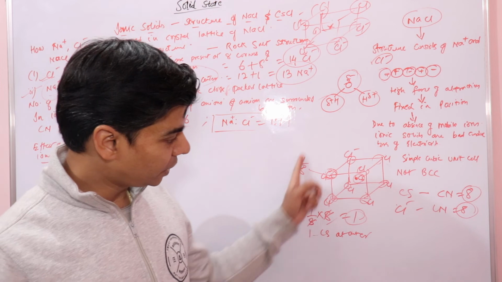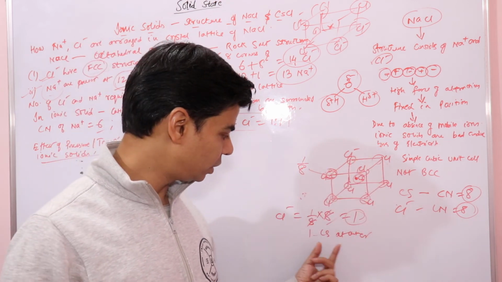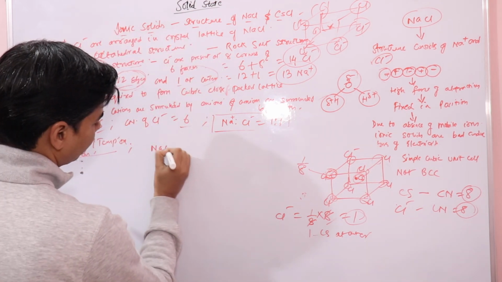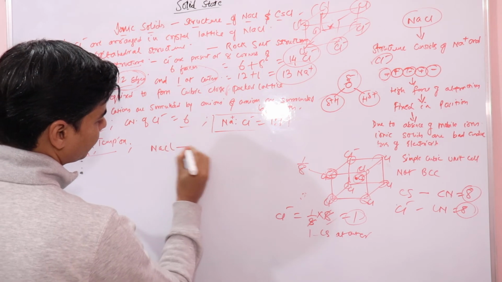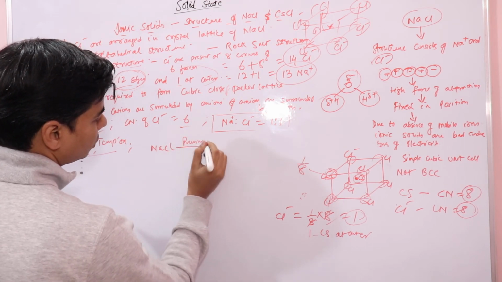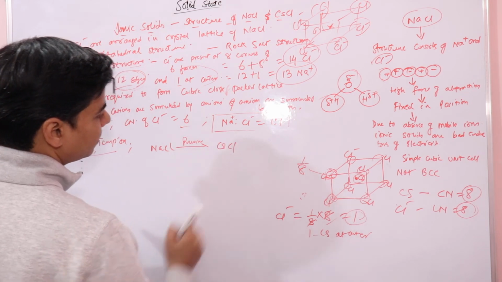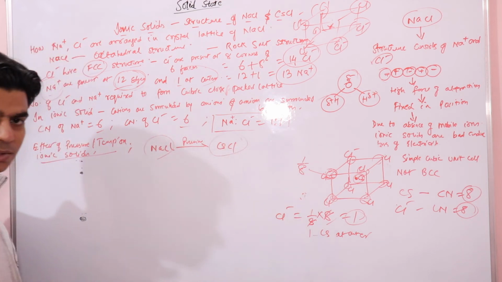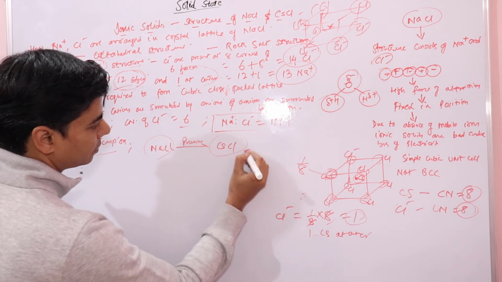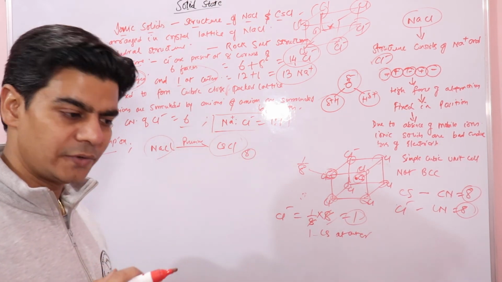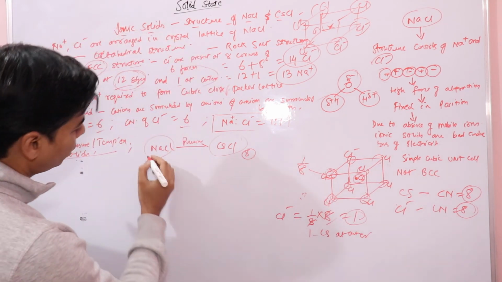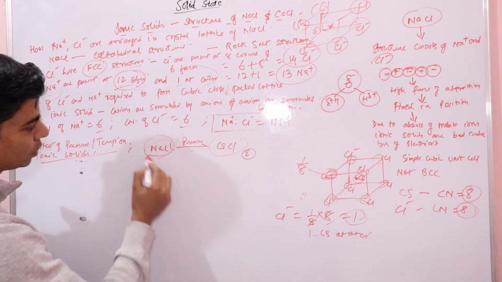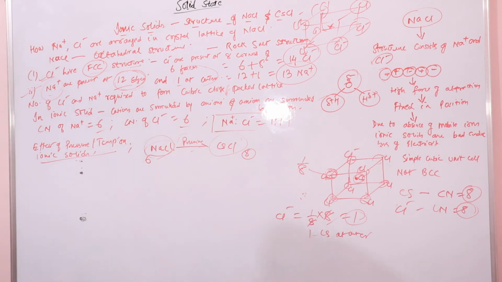In cesium chloride the coordination number is 8, so when you apply high pressure on sodium chloride, it will change into the cesium chloride structure, because high pressure favors high coordination number.